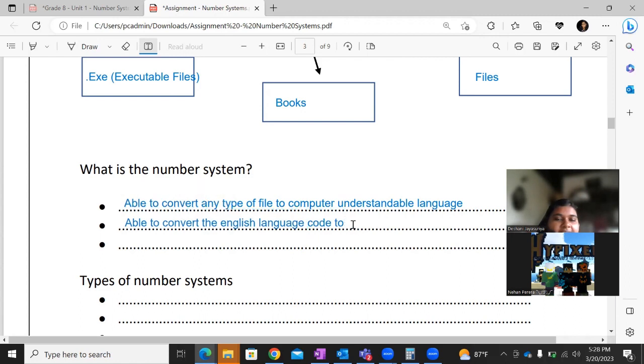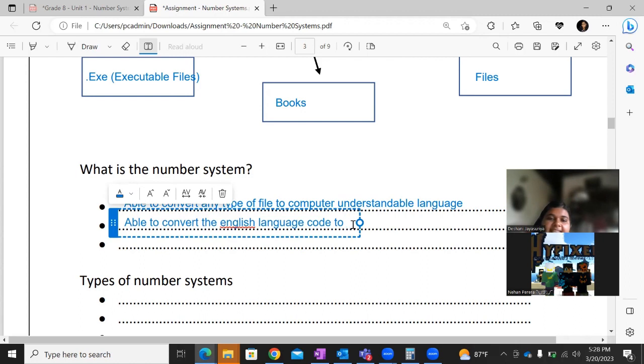We can then edit it, not only in this thing, right?